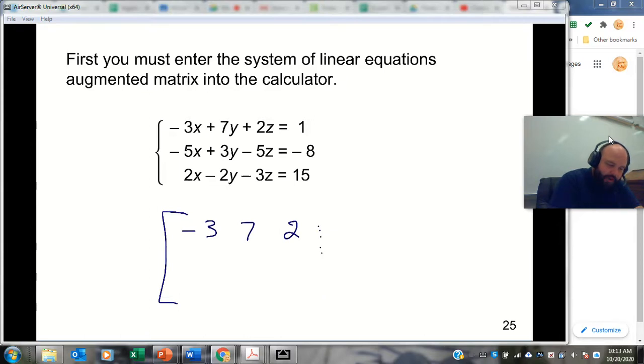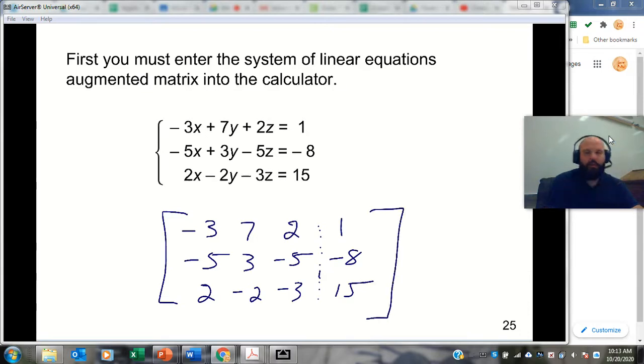FYI, on the graphing calculator, we can't put that augmented part in there, okay? So it's just going to be 4 numbers across: -3, 7, 2, 1. Then we're going to have -5, 3, -5, and then -8. And then we're going to have 2, -2, -3, and 15, just like that. Okay, so that is going to be our system.